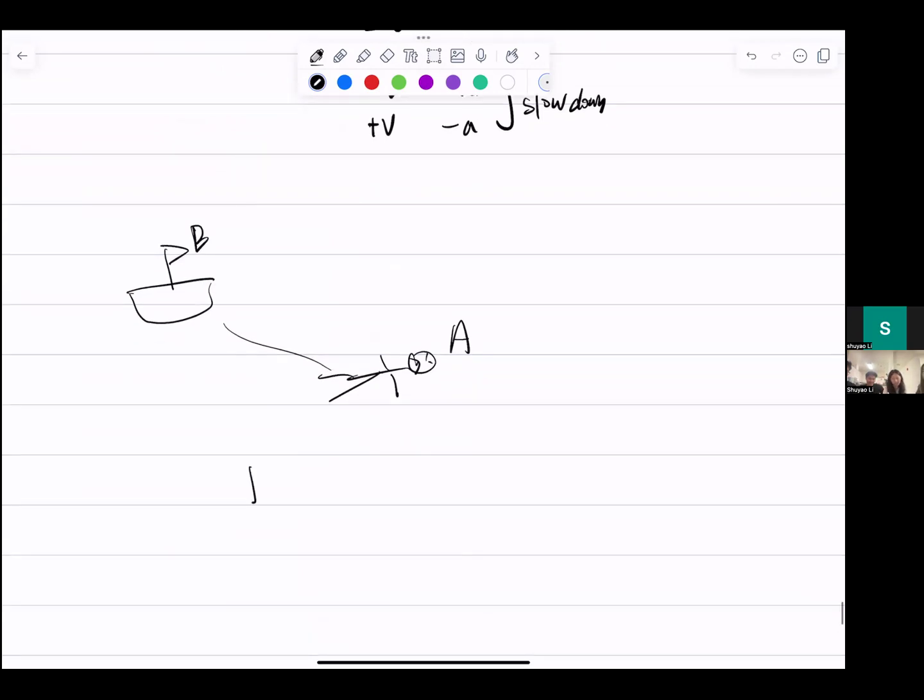It would just be the position of B minus the position of A. We write it as B with respect to A, so position B with respect to A is RB minus RA.